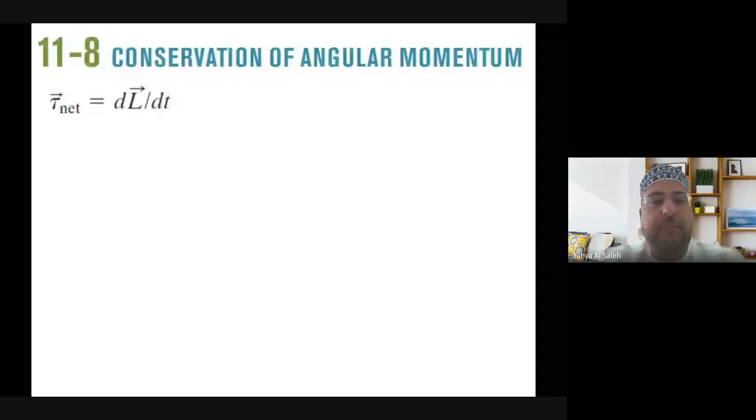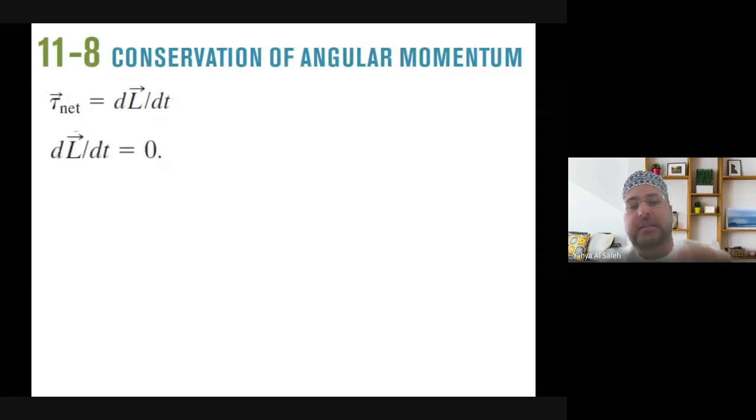Now, if the rate of change of angular momentum, dL by dt, which is equal to torque, is equal to 0, if there's no net torque on the system, what does that mean?